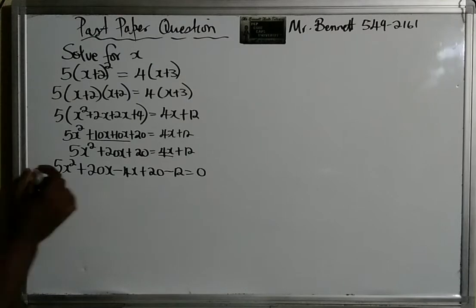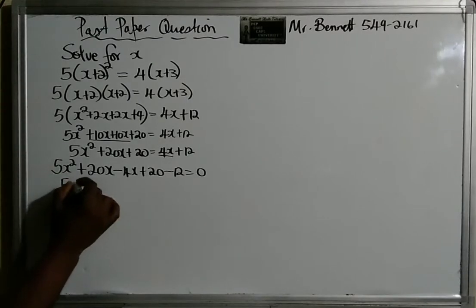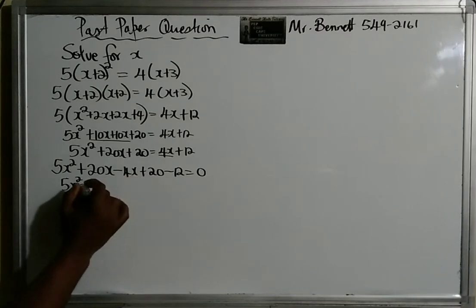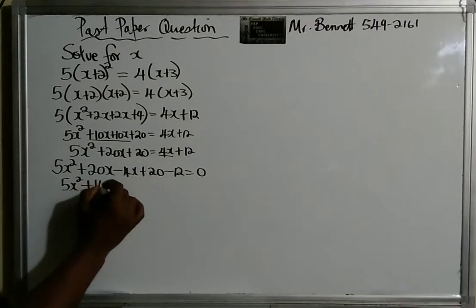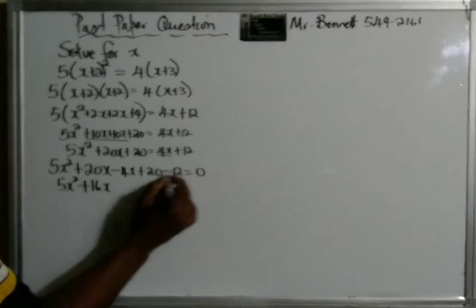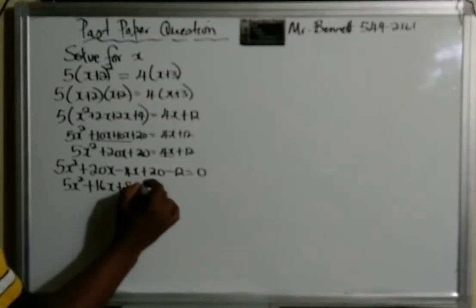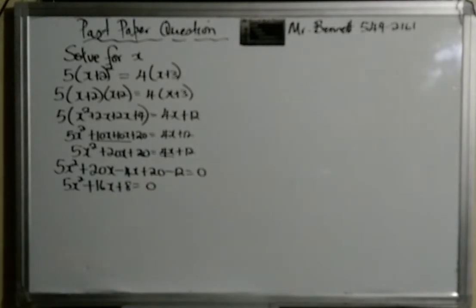Now this is working out to be a quadratic, alright? So it will be 5x squared plus 16x plus 8, and that is equal to 0.